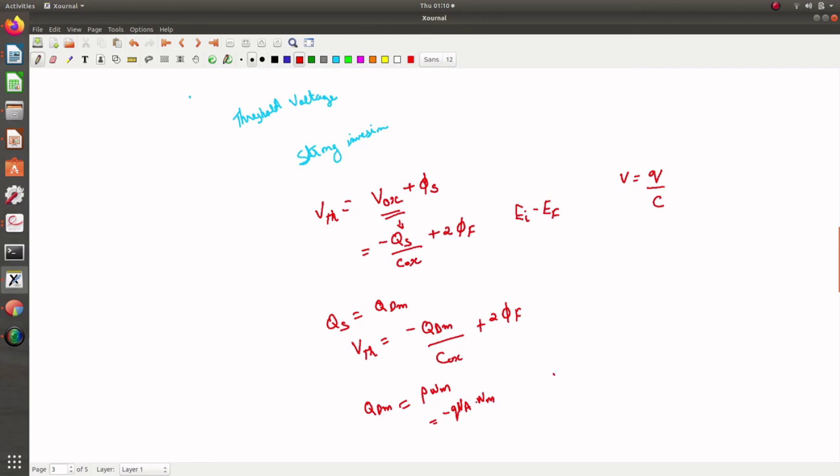And we also know Wm is equal to, as we had seen earlier, root of 2 epsilon 2 phi F by Q Na.